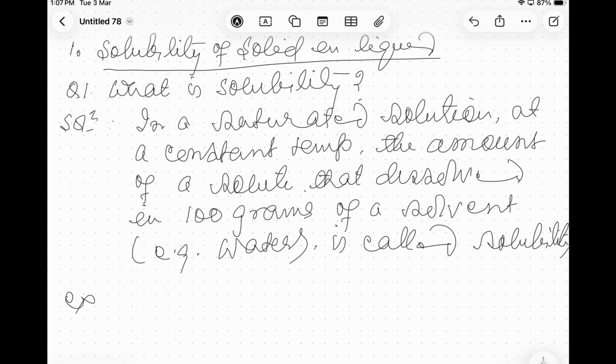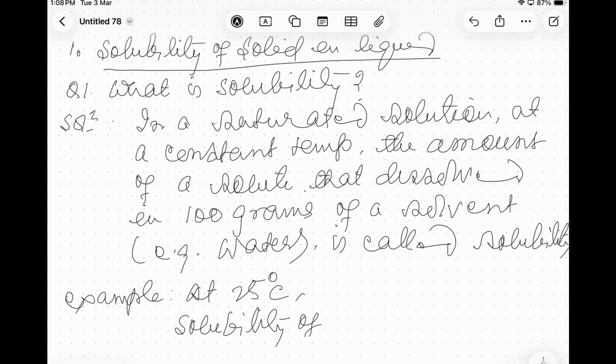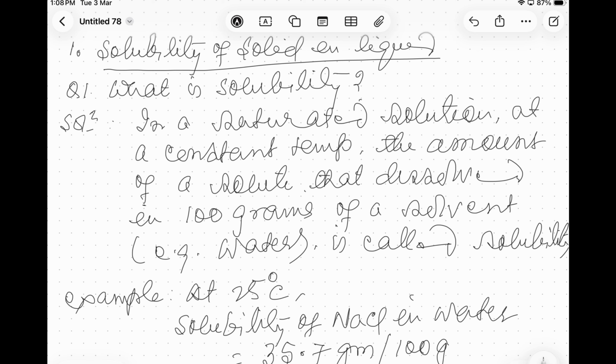Take an example. At 25 degrees Celsius, solubility of table salt in water is 35.7 gram per 100 gram of water.